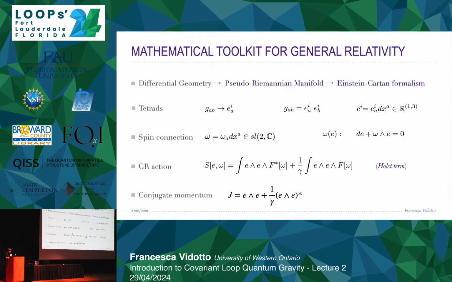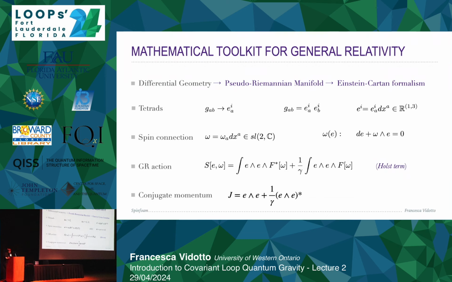How many degrees of freedom? In fact, I just have to count the components of this object. It's a two-form. I have two antisymmetric Lorentz indices, so they are 6, and so it's 6 by 6, that means that I have 36 components. And remember that my goal was to connect this with the theory that I have defined before, but the theory that I have defined before was just given in terms of the tetrads.